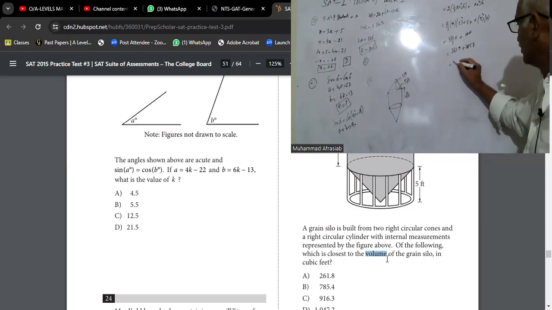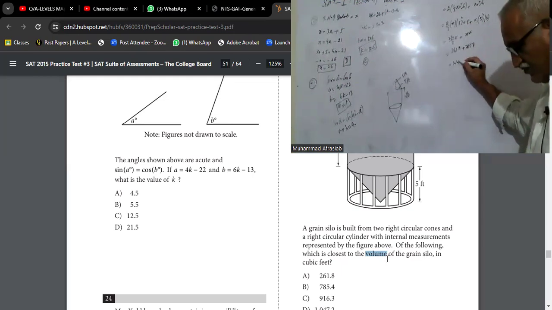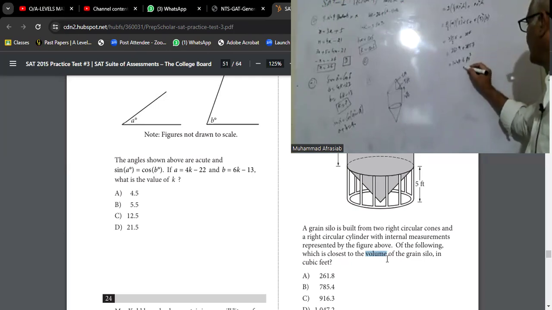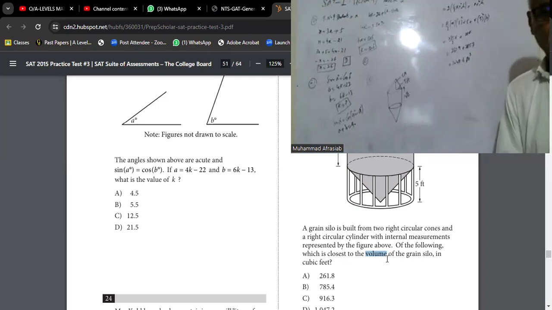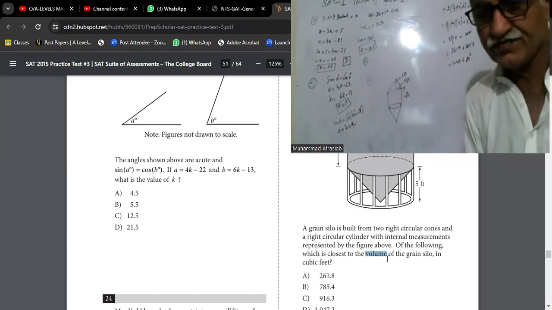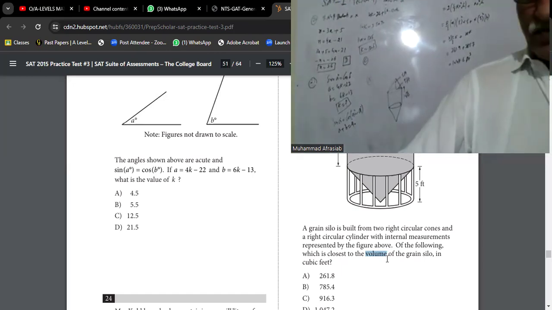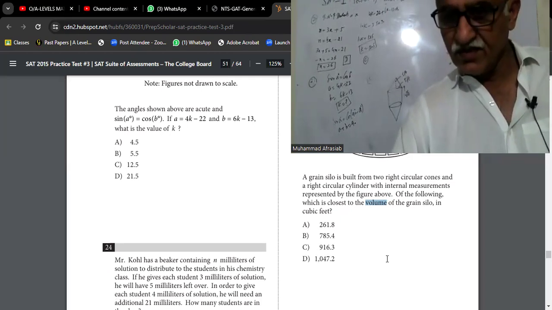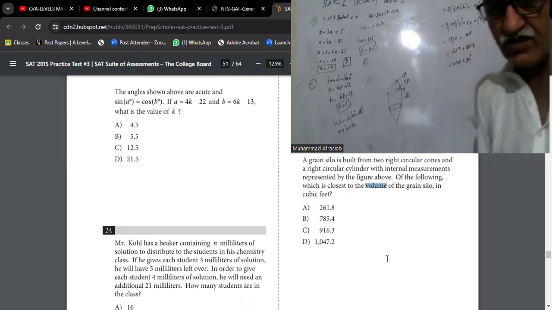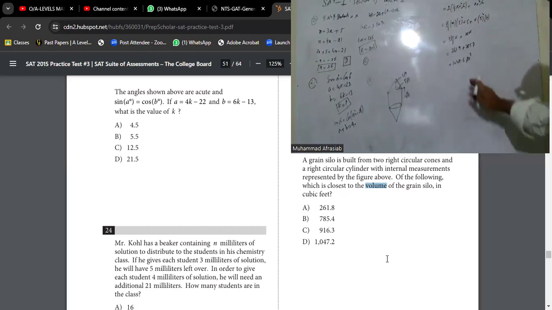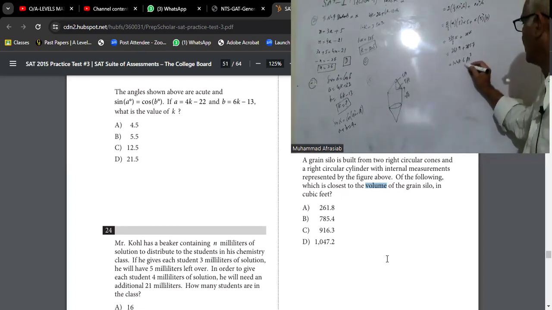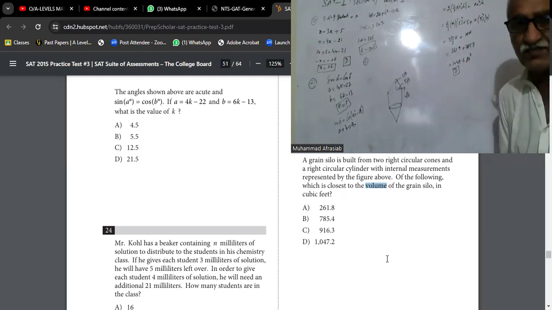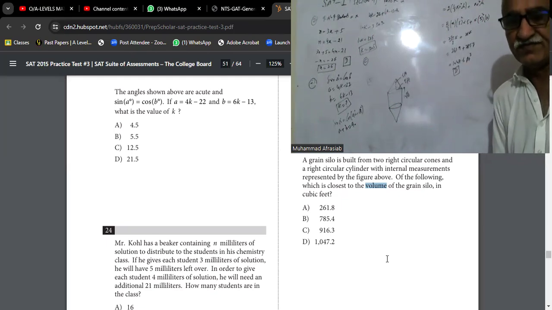Total is equal to 1047.6 cubic feet. So this is approximately equal to 1047. That is the answer of this part, D, to that solution.